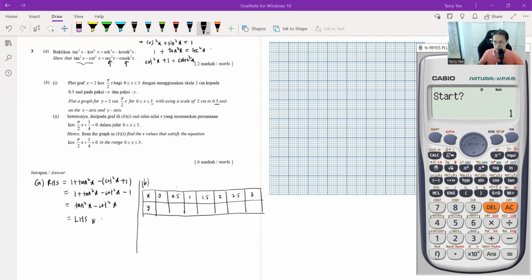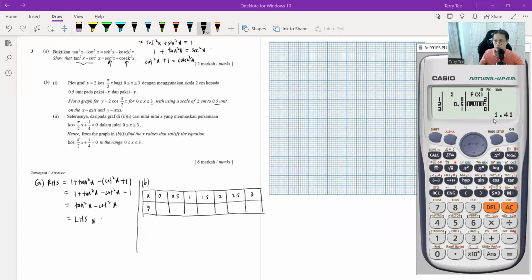This one starts with 0 and ends with 3, and then the step is 0.5. Step means the difference between each value of x. It increases by 0.5 following the scale given, 2 cm to 0.5 on the x-axis. So the first point is 2. Next one is 1.41. We can't read a long decimal, so if you're lazy to round off mentally, we can fix the decimal point to 2 decimal places.